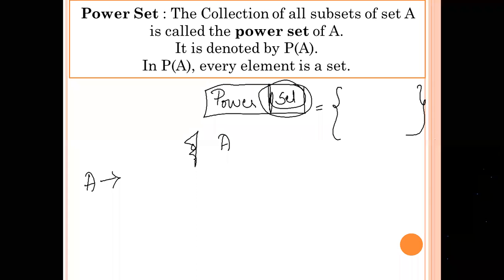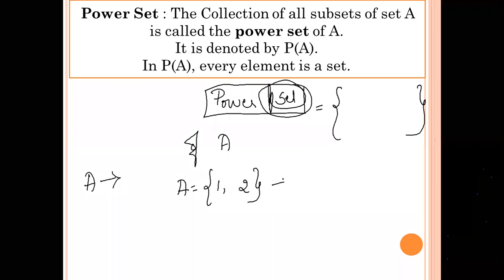To understand it in a better way, suppose your A is {1, 2}. Just listen to the example carefully. Later you will understand what a power set actually is. How many elements does A have?